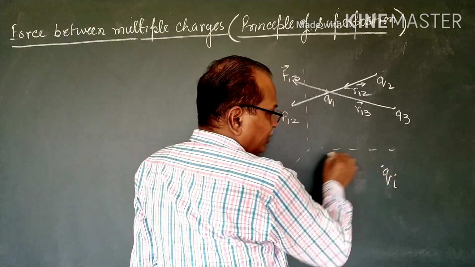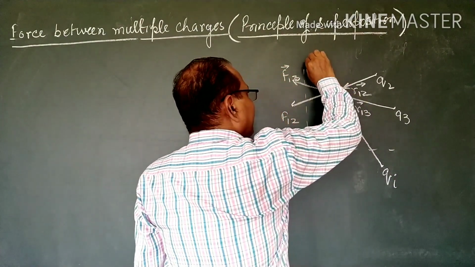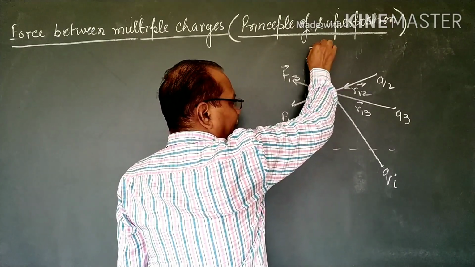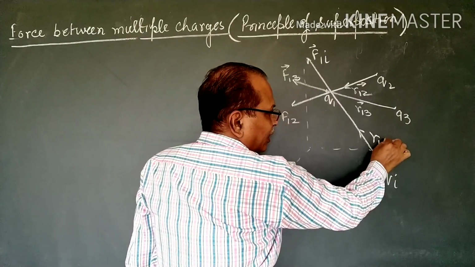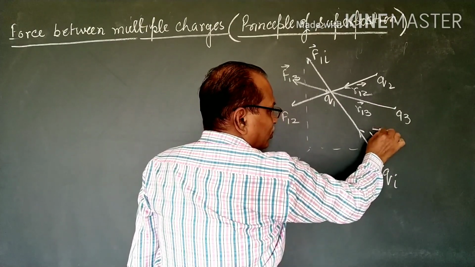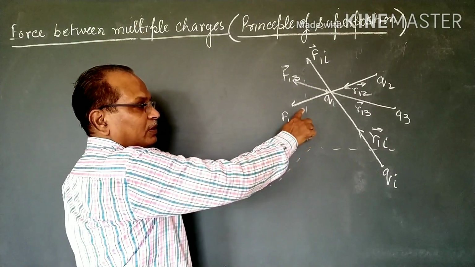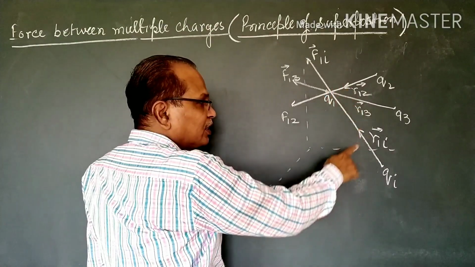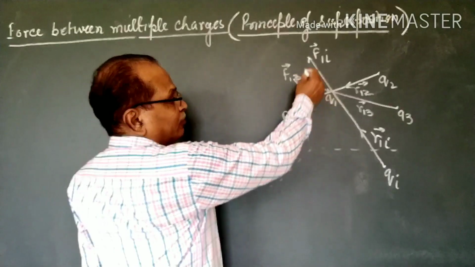For the ith charge, the force will be F1i and the vector will be R1i. So, the force on any charge in the system is the vector sum of all the forces on that charge.